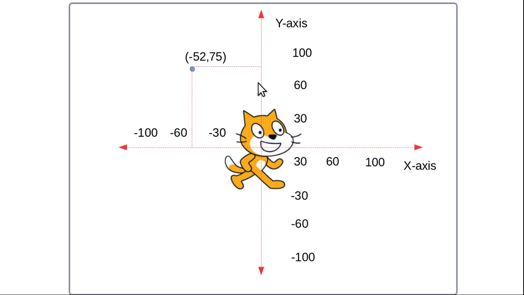And in the upward direction, the value of y will get incremented, like 30, 60, 100, 120, 200, 300. So on the top of the y-axis, y is incrementing and x will be constant, and in this direction x will be incrementing and your y will be constant. Okay, so remember that. Now these are positive values only.